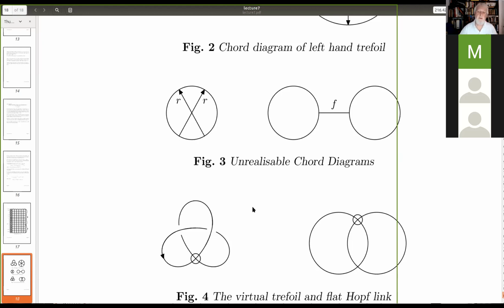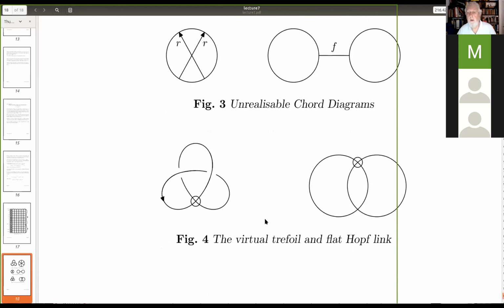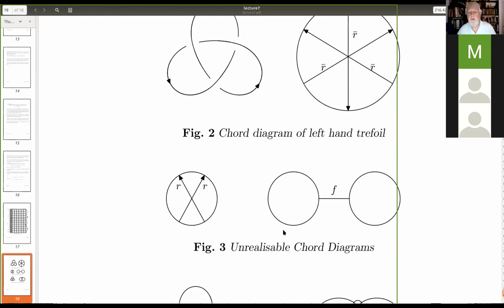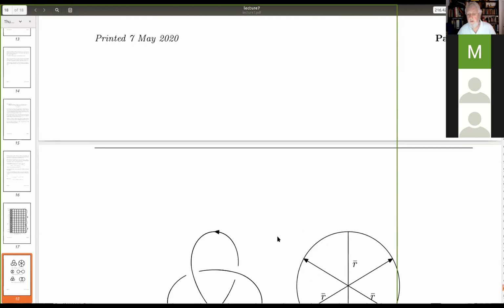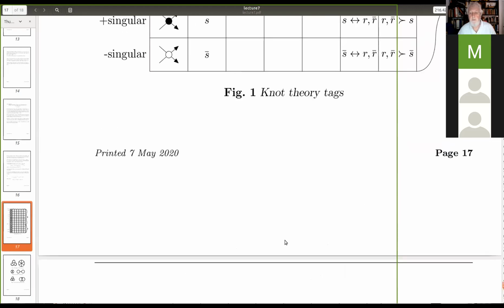So there is sense in this: knot diagrams on a surface can be realized by these virtual knots. That's trying to give you an indication of why there's more to life than classical knots.